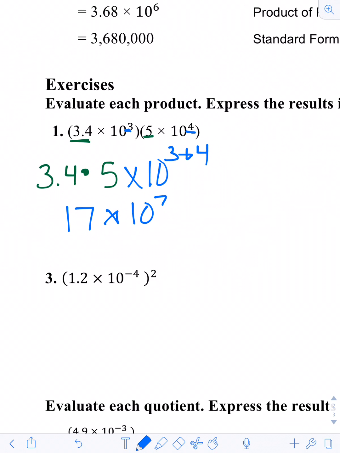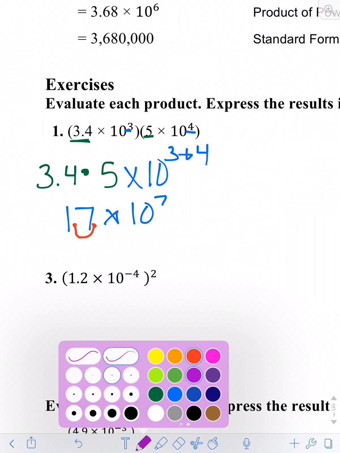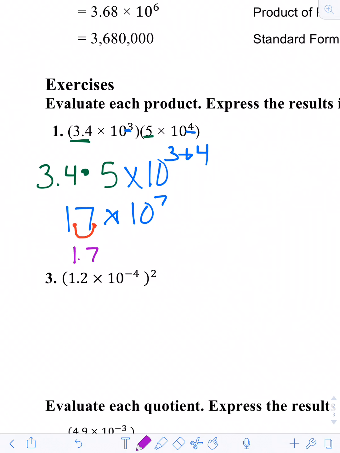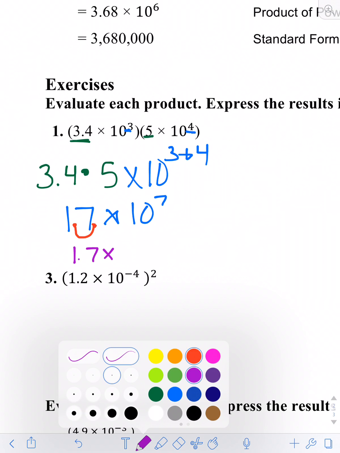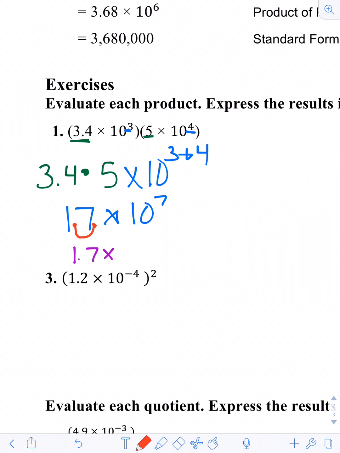Okay, and for this one, they want to only have one number in front of the decimal. So right now, your decimal is right here behind the 17. You have to move it over 1. Okay, and so whenever you do that, we're going to have 1.7 times. Now here is where we're going to have to pay attention.